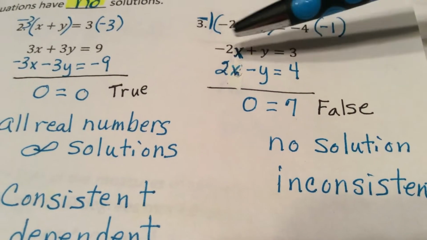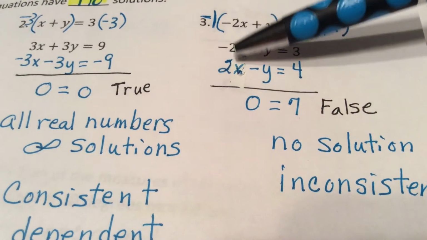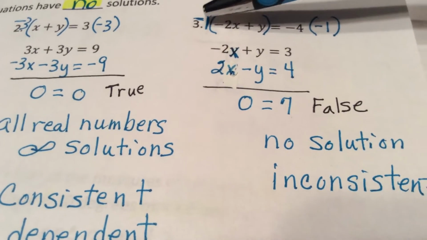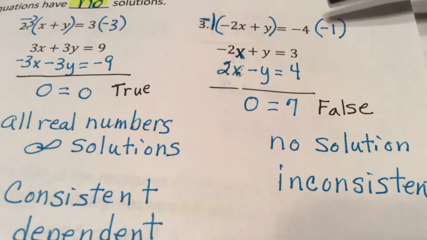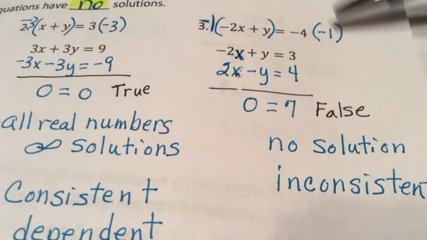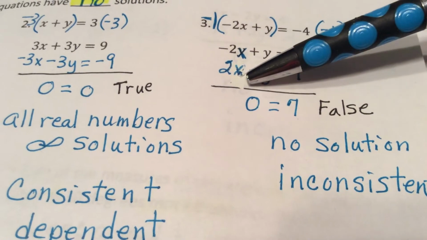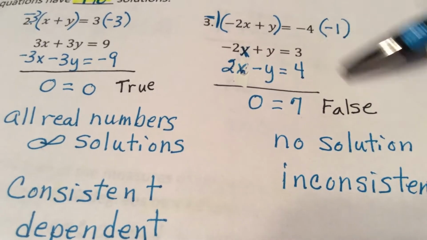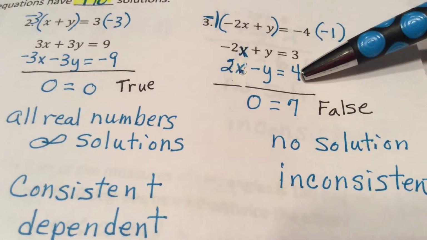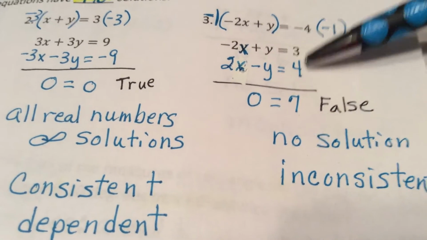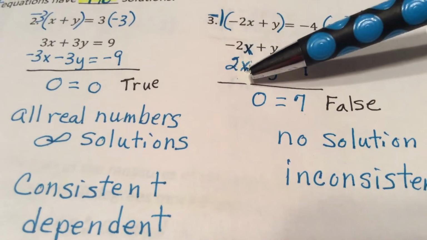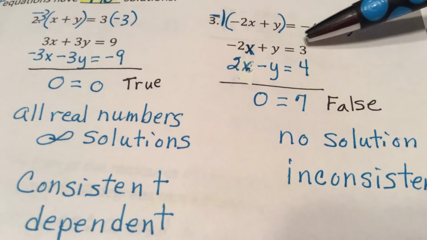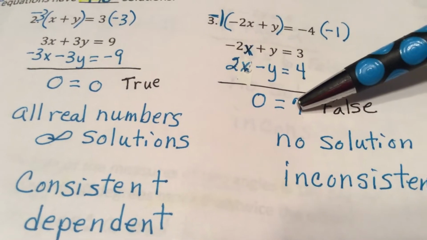Because we have a negative 2x and a negative 2x, these two would be really good candidates for elimination. We can just multiply everything in here by negative 1, and we get negative 2x minus y equals positive 4. Negative 2x plus 2x is 0. y minus y is 0. 3 plus 4 is 7.